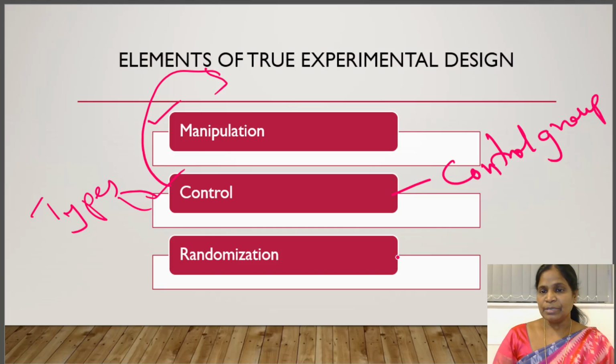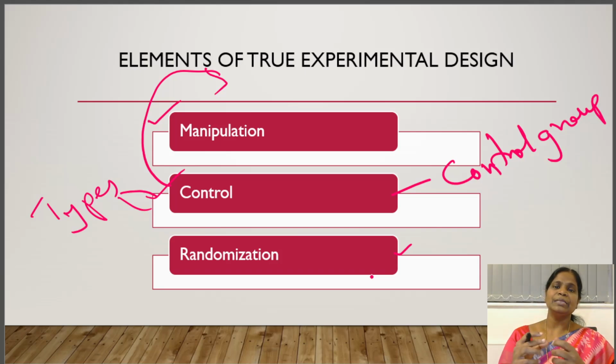Next, coming to randomization. When we say randomization, samples are picked randomly. That means every subject has an equal chance or opportunity to participate in the study. Because we use this word frequently in experimental design, I would like to explain it with an example. Suppose there are 100 students in a class and we want to conduct a study, and the sample we want to take is 25 students.